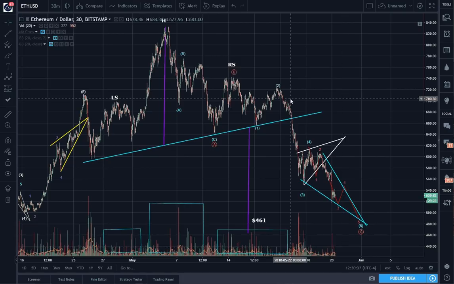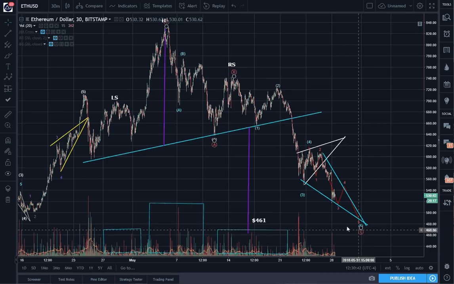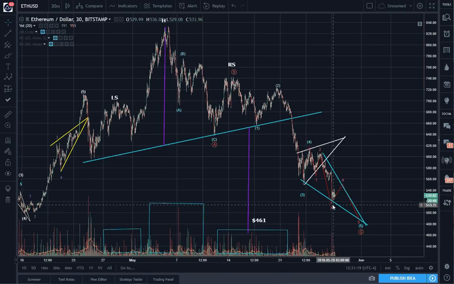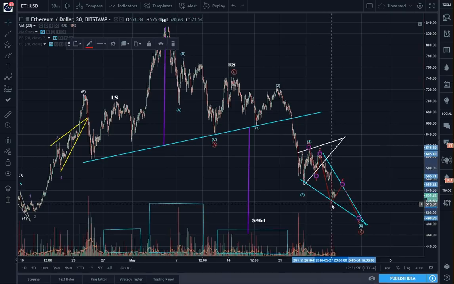And the decline has occurred in now what looks like a C wave, red C, in wave 1, 2, 3, 4, and we should be on the final leg of the wave 5 of blue 5 of C. If we zoom in a little bit more, but before we do that, we adjusted the wave 3 to be here, and there should be a wave 4 bounce. It doesn't have to come all the way up here, it can just come up a little bit too.